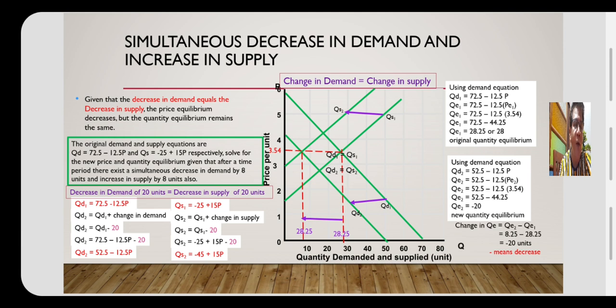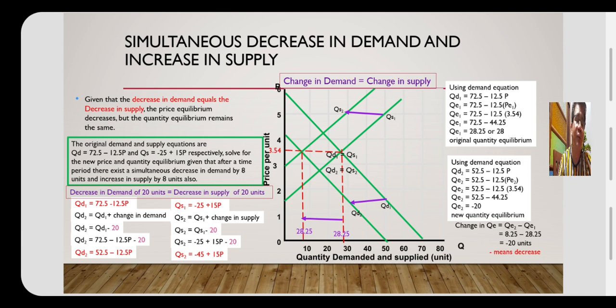It's a typographical error. It should be 8.25. And graphically also, it changed from 28.25, corresponding to the new equilibrium value on the graph. It was written there 28.20, supposedly 8.25, so that the amount of change actually is negative 20.